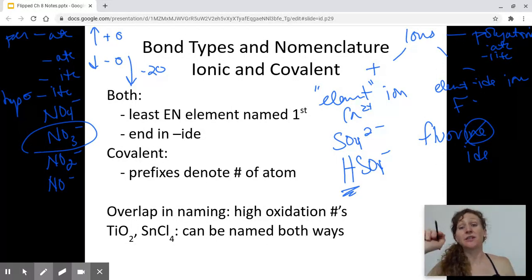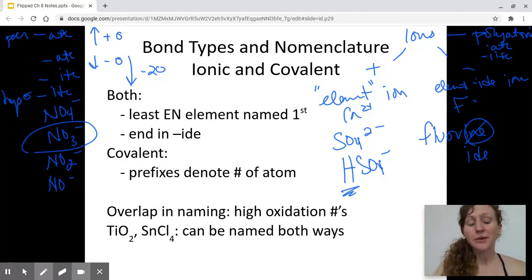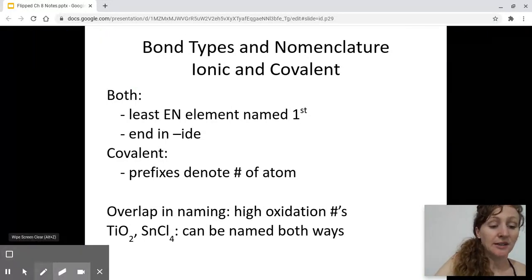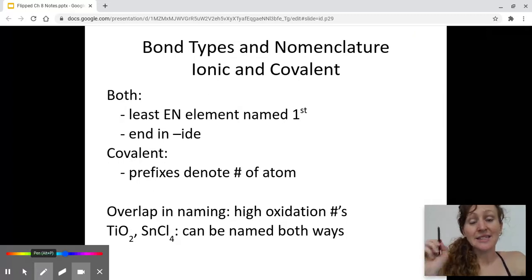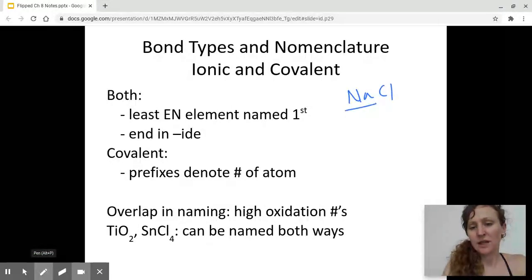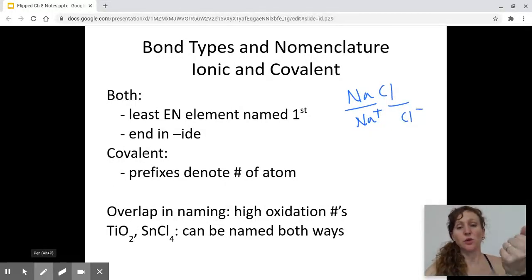So once we know how to name the ions, then naming ionic compounds really becomes simple. When you name an ionic compound, all you have to do is name the ions inside. So like if you have NaCl, we name the sodium ion, we name the chloride ion, and the name becomes sodium chloride.